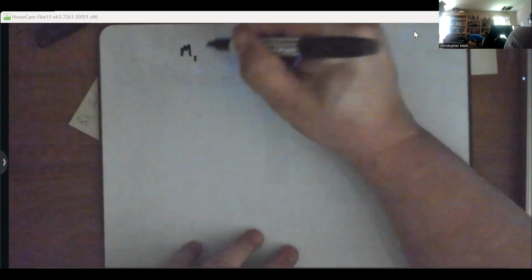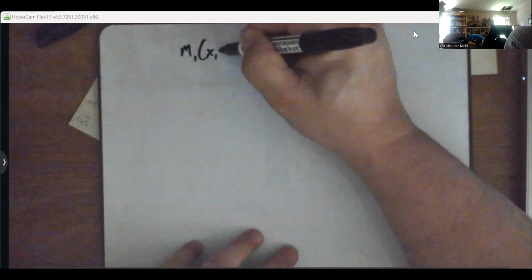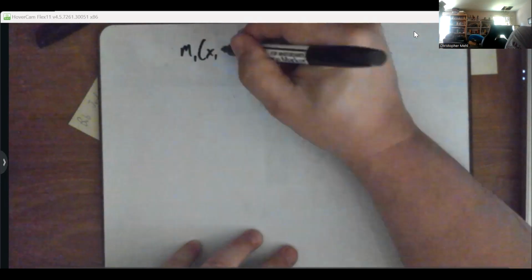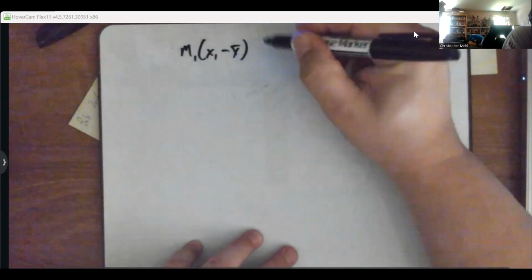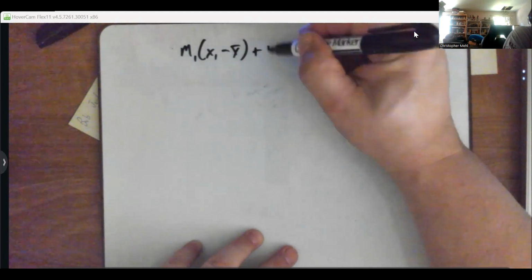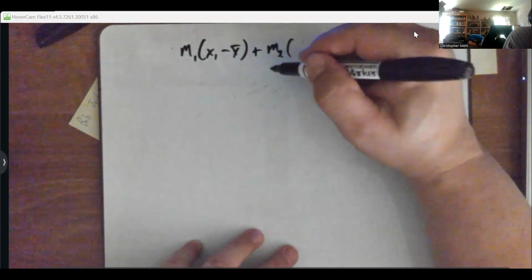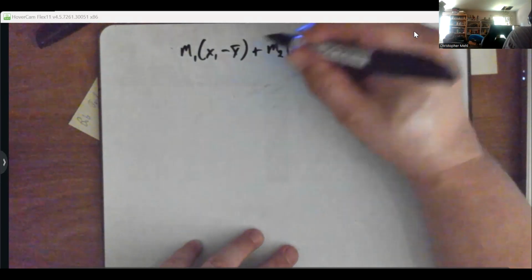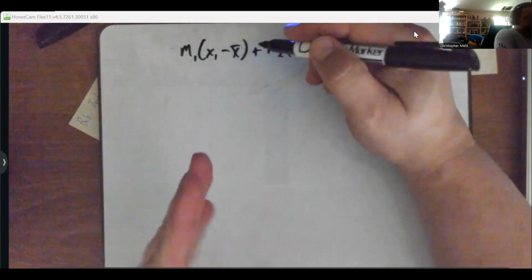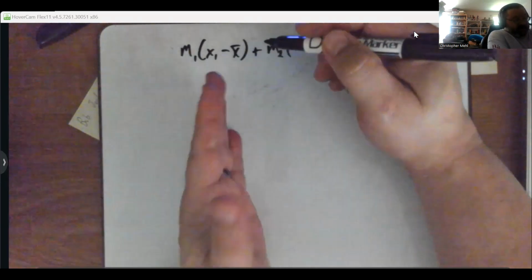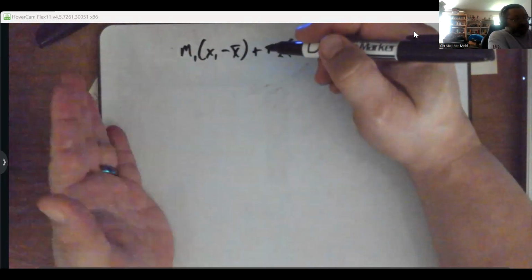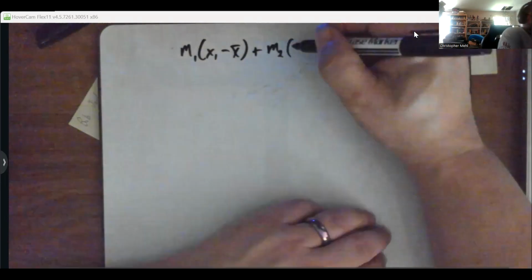So for two objects, what we were basically saying is these two things had to be equal. And since we're defining the coordinate system, some of the masses are on one side of the zero, some of the masses are on the other side of the zero.